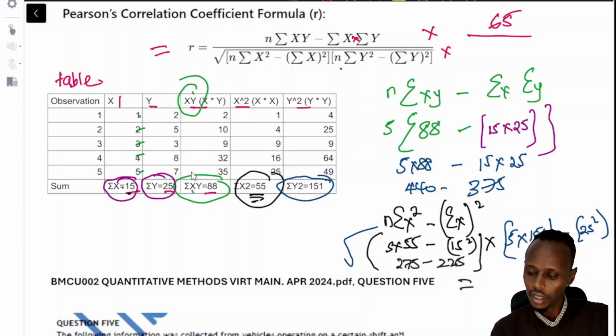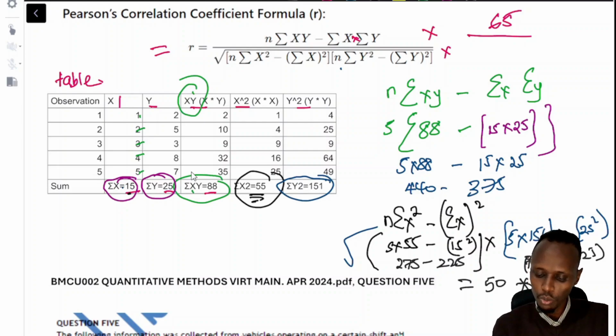And then here 5 times 151 is 755, minus 25 times 25, which is 625. So 275 minus 225 is 50. Then 755 minus 625 is 130.